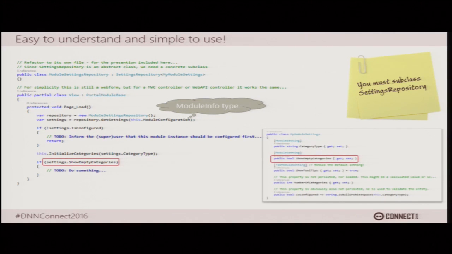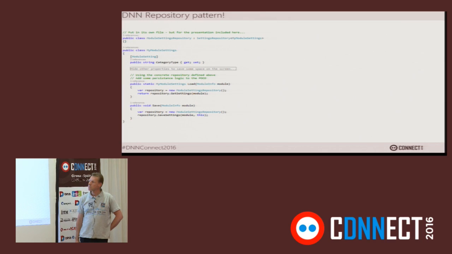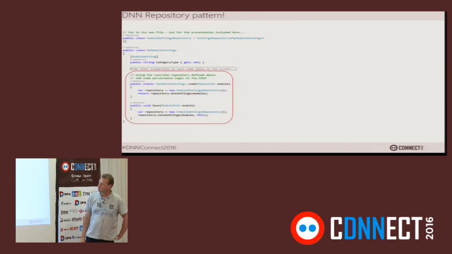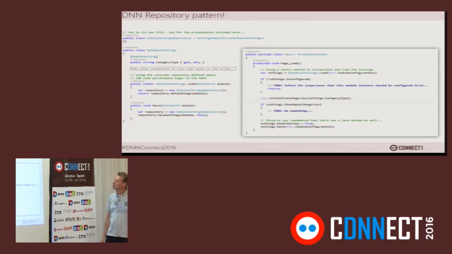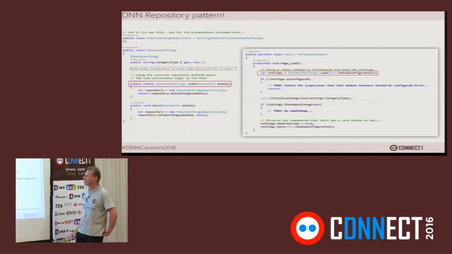Now, given two other examples, we like to use the DNN repository pattern, as already said. It's on the left-hand side here. You see that using this is very simple.